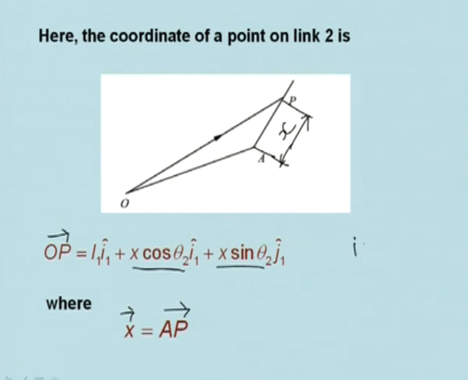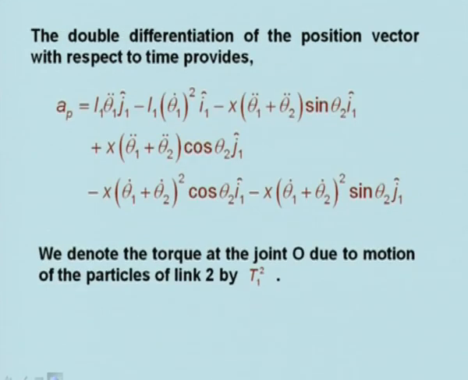We know that if you differentiate the unit vector I, I dot is omega times J, and J dot is equal to minus omega I. These things we have to remember, and then the differentiation will give this expression.